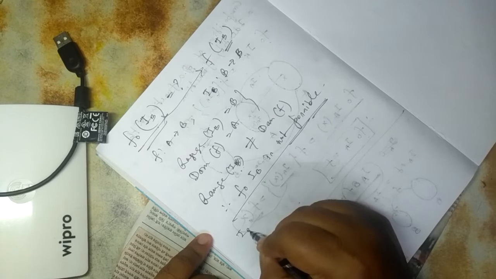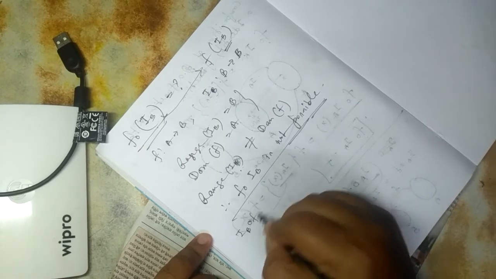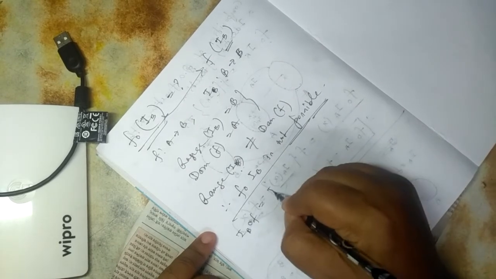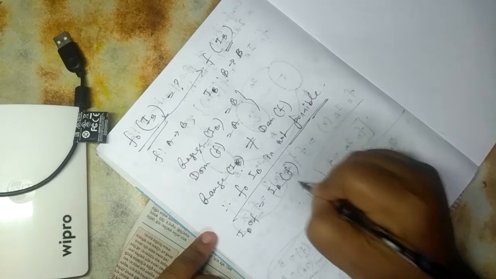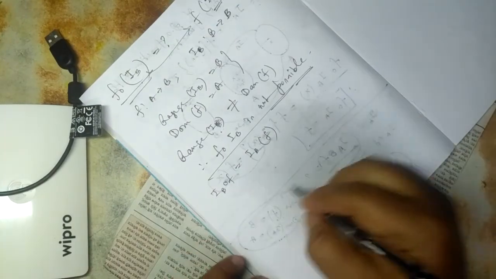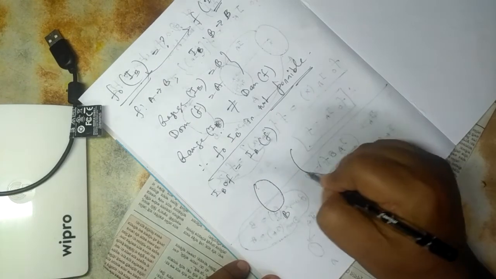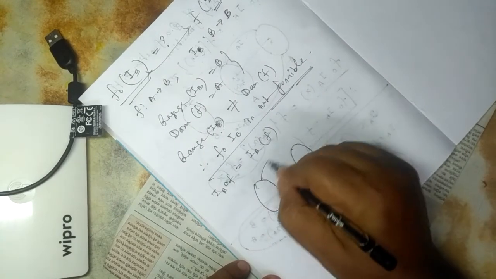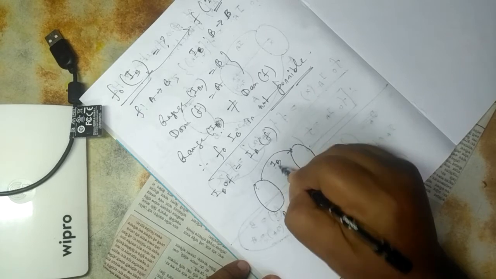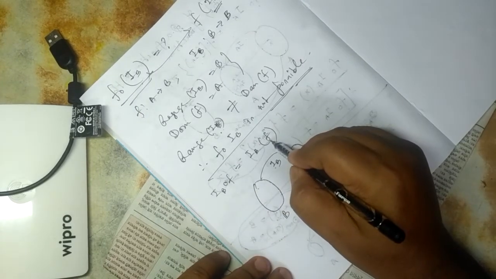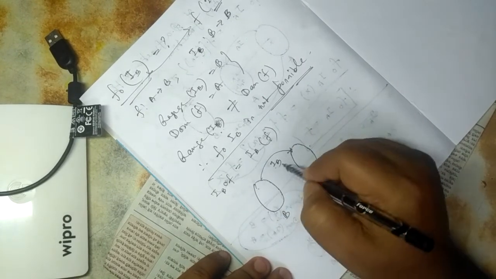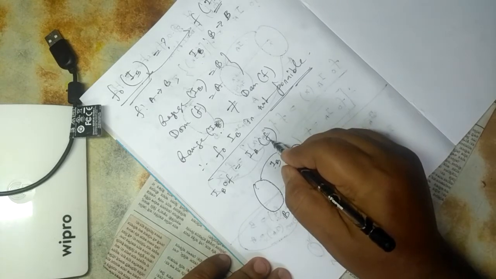If I consider IB of F, it means first of all the F function should occur.